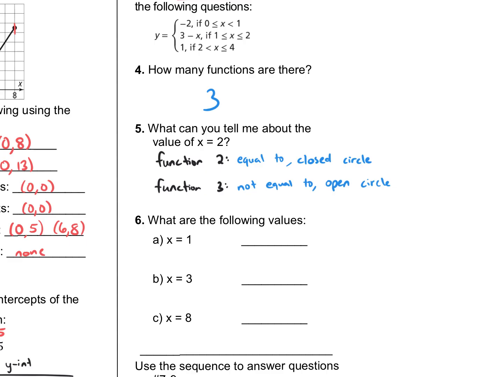No. So does it fall in function 1? No. What about function 2? Yes, because we have the equal to sign with the 1. So we're activating this equation here. So we know it's in function 2, so I activated 3 minus x. What do I do with my x value? Plug it in. So we get 3 minus 1, which is 2. So our answer is 2.